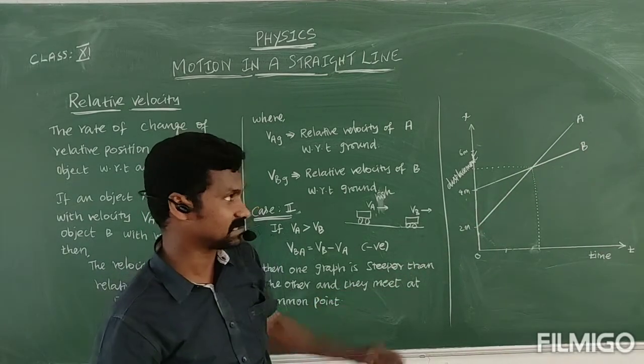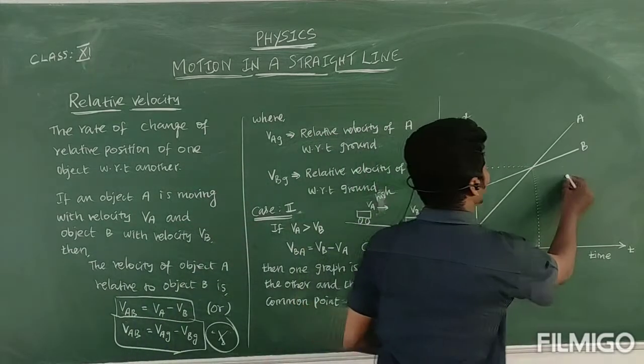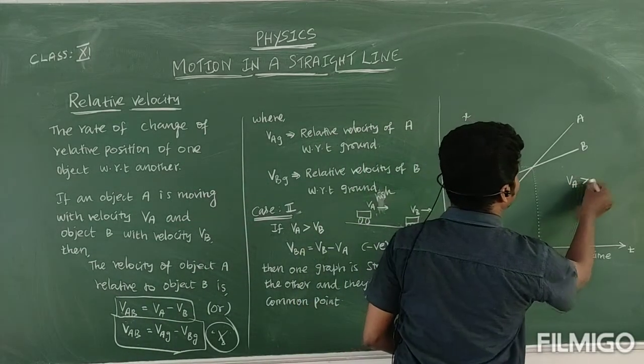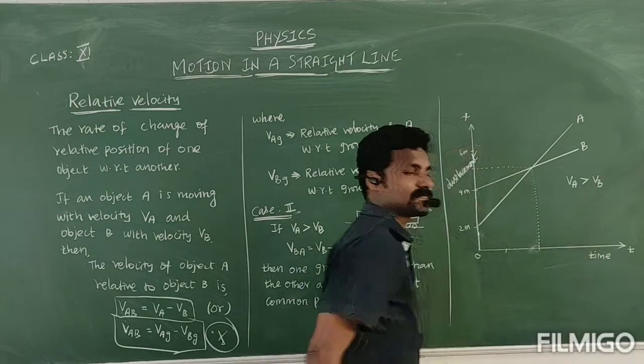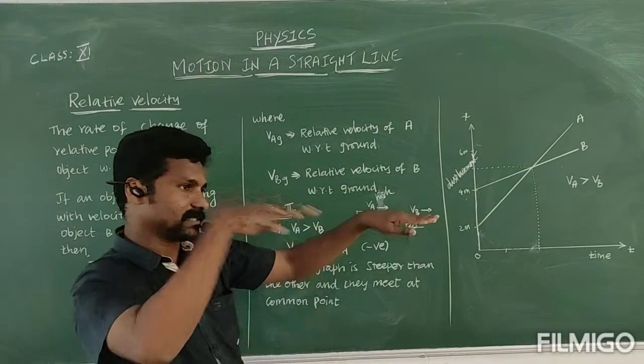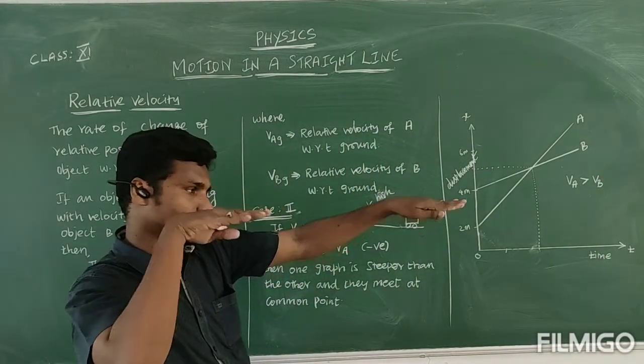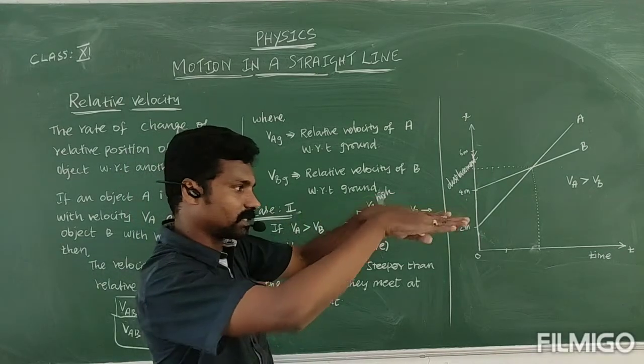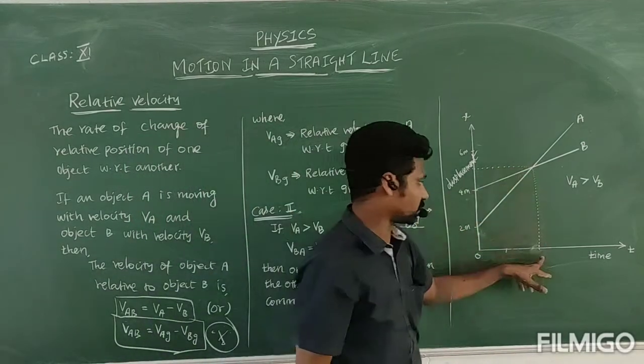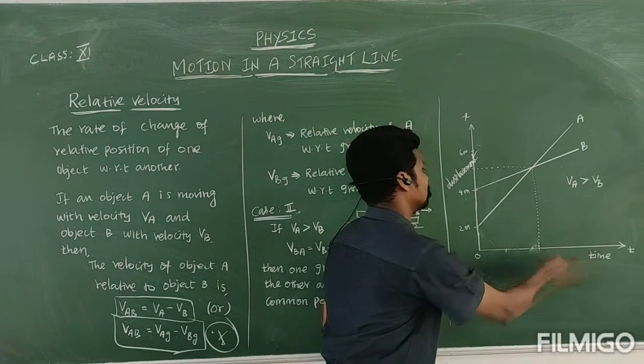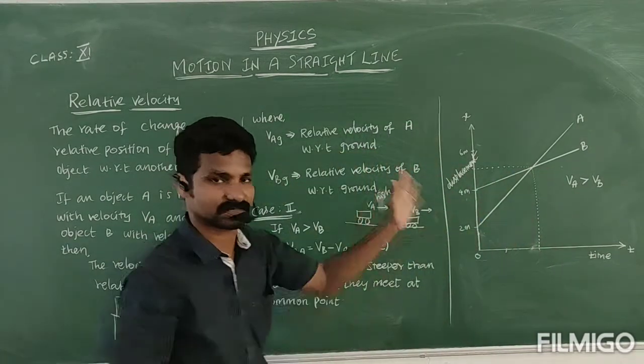So clearly, object A's velocity is greater than object B's velocity. At a particular point, car A overtakes car B, after some time t and at some position.